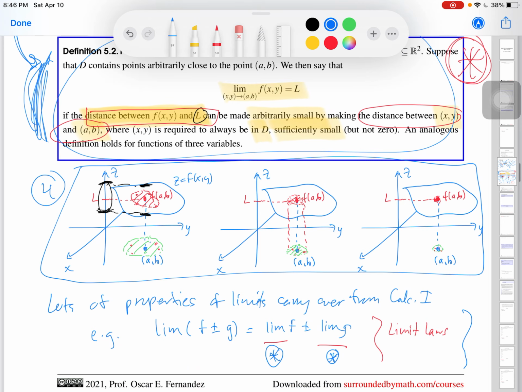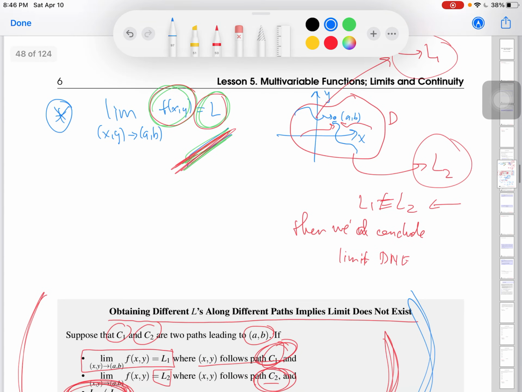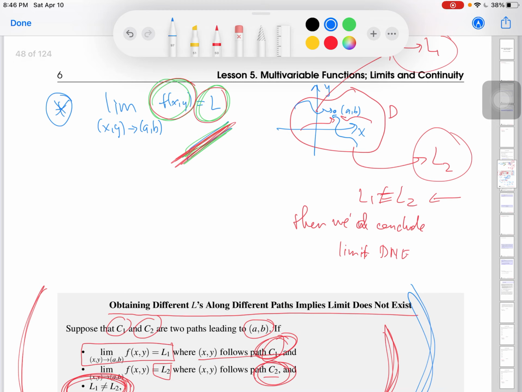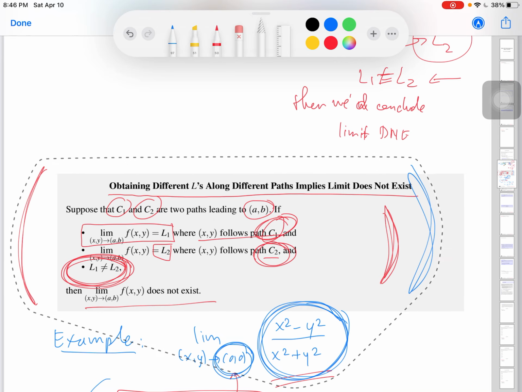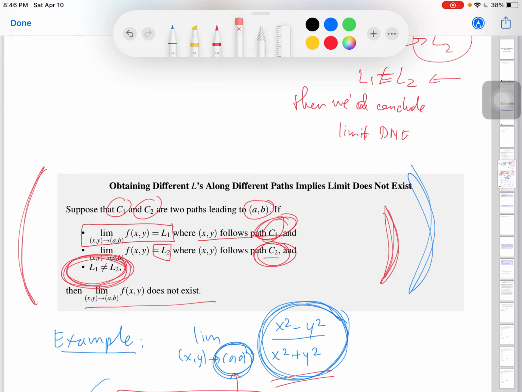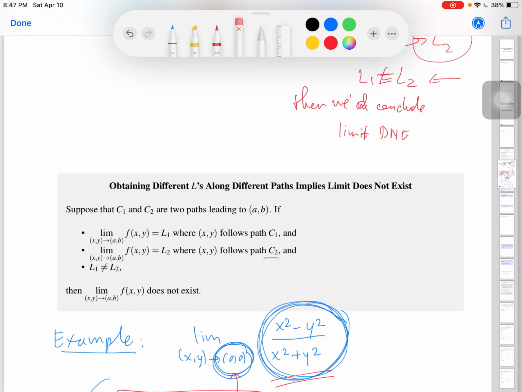Instead, what this definition implies is that if we say that the limit exists, we're saying something very strong, which is that no matter which path you take to get to point (a, b), you always tend to the same value L for the function. From that, we can extract what is useful and very doable, which is trying to find paths along which the limits are different.